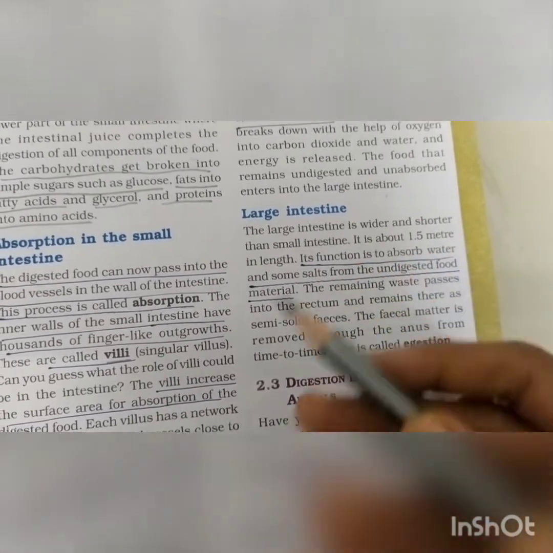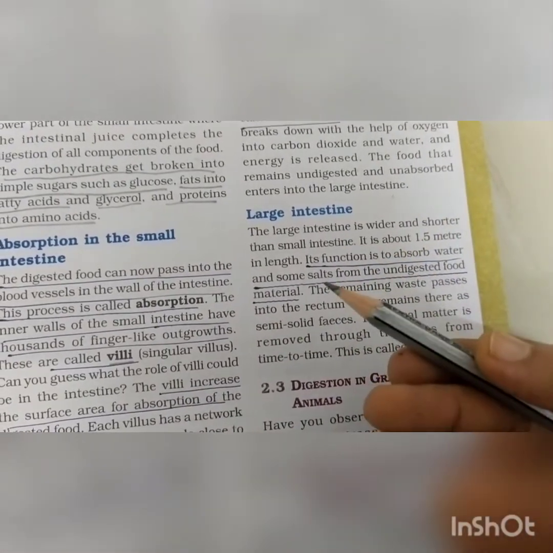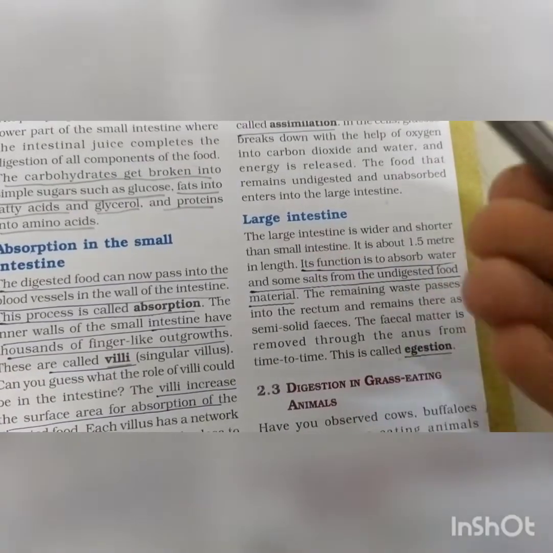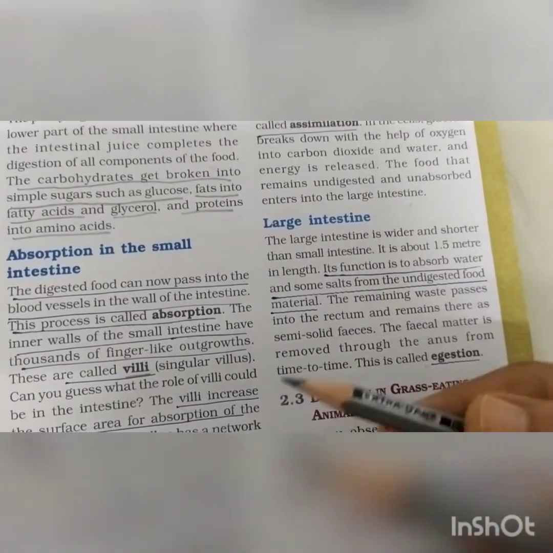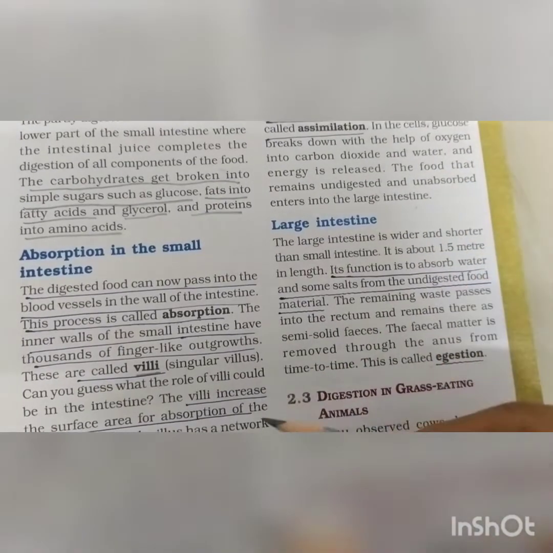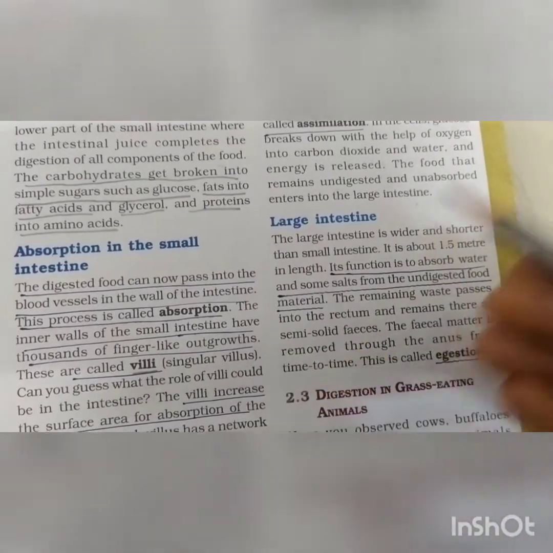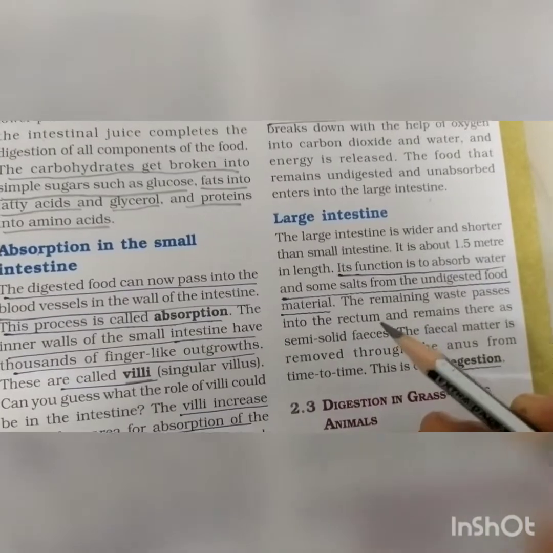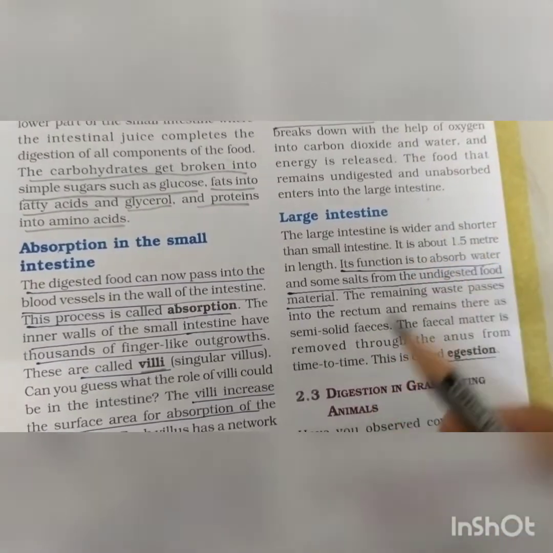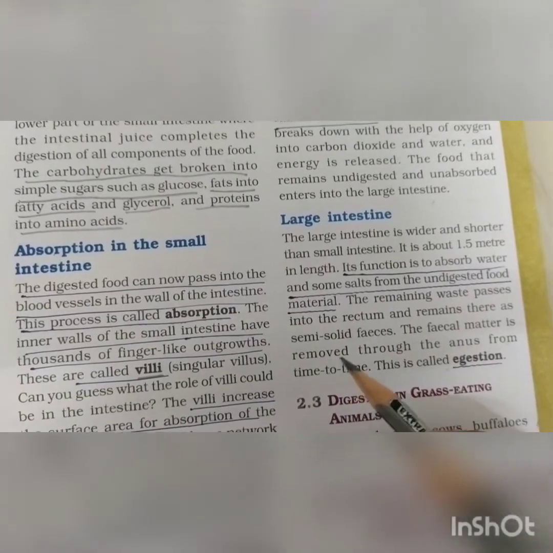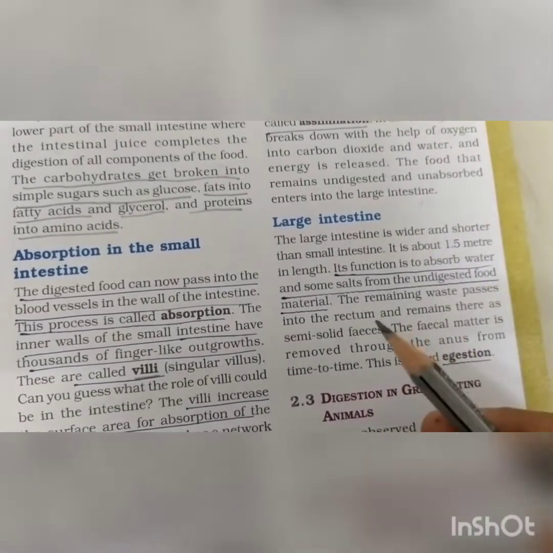In the small intestine, the process of absorption and assimilation takes place, and the undigested food materials enter into the large intestine from the small intestine. Here in the large intestine, the absorption of water and some salts takes place.